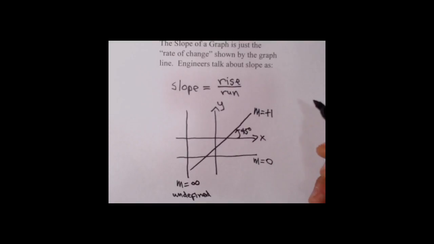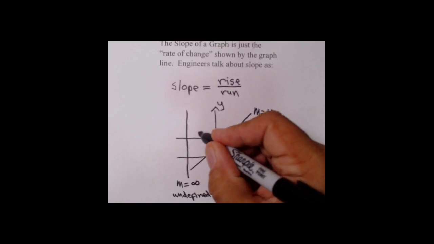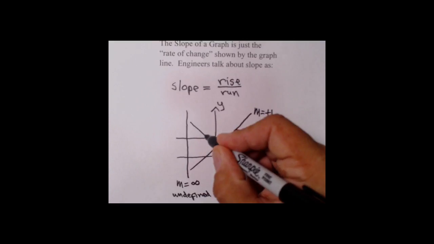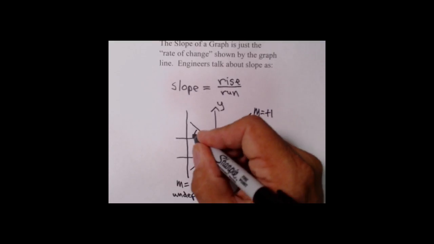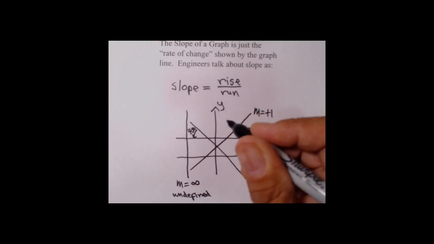This 45 degree line can be anywhere, as long as it's going upward to the right at 45 degrees. Likewise, another one we want to be familiar with comes downward at 45 degrees. Since it's heading downhill, the slope here is m equals negative 1.